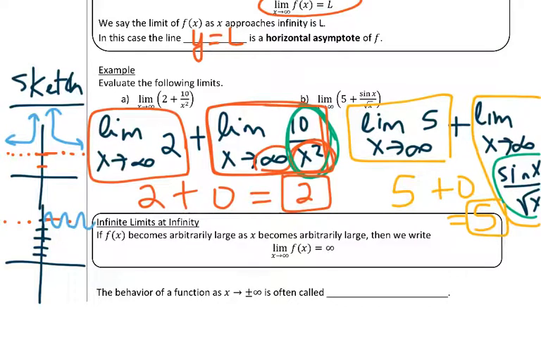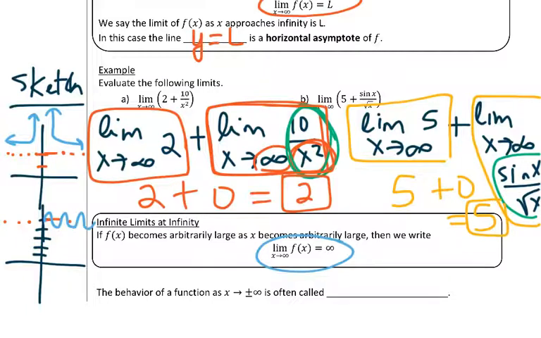And so what we're trying to say is, okay, if f of x becomes arbitrarily large, so if the y values become very, very large as x becomes very, very large, right, then we use this notation: the limit as x approaches infinity of f of x is infinity. And really, I know this is probably a little intuitive in some ways, but you've actually done this a lot in pre-calc, but we used a different phrase to describe that.